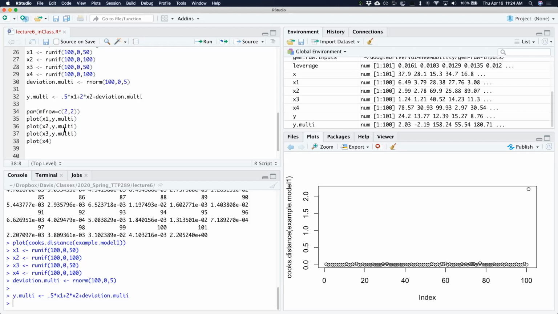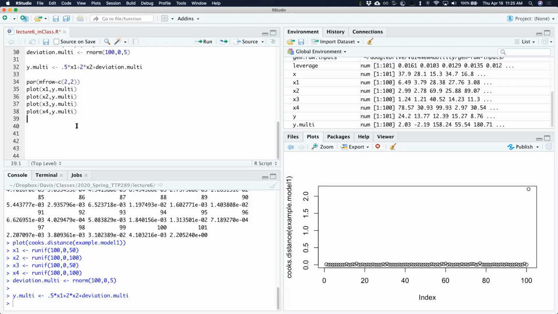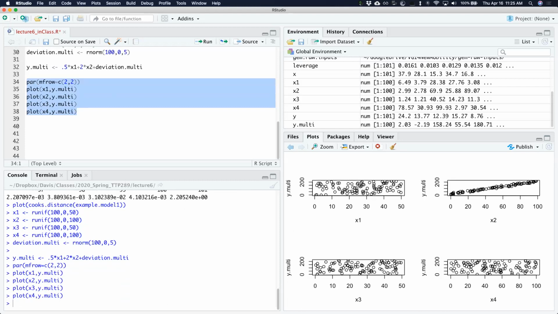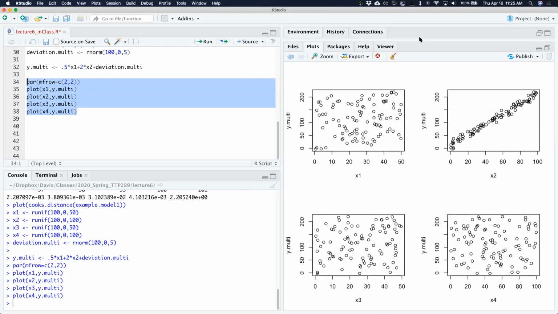So I'll change this into the ggplot version of the plots before I put them up. Okay, I really hate this viewer. Here, let's do it like that. Okay.